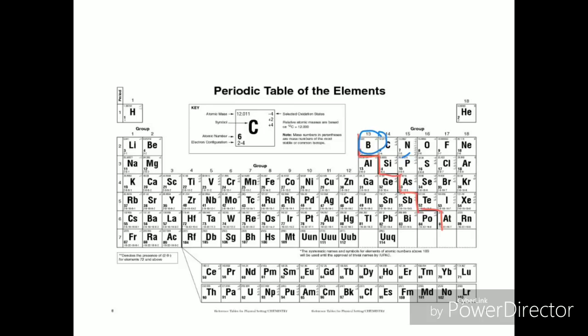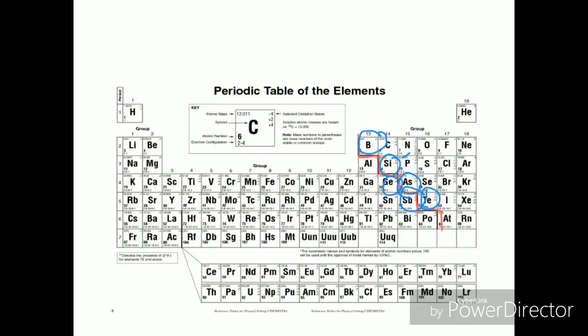But carbon, which touches this bold stair step, does not actually have a bold line, so it is not a metalloid. So boron, silicon, germanium, arsenic, tellurium, antimony are all metalloids. Sometimes polonium and astatine are recognized as metalloids, but that is less common.